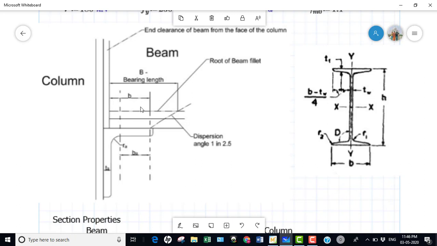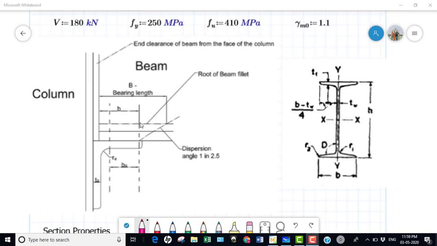First I'll explain the bearing area. This bearing area is located based on the clause given in IS 800-2007. It says that at the support the dispersion angle is 1 in 2.5. To determine the dispersion length, you have to know what this length is. This is nothing but the height of the beam at which it undergoes the shear failure, that is, crippling may happen.